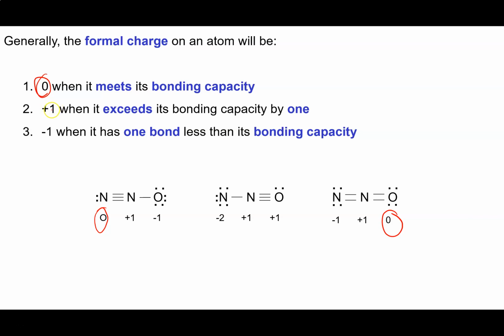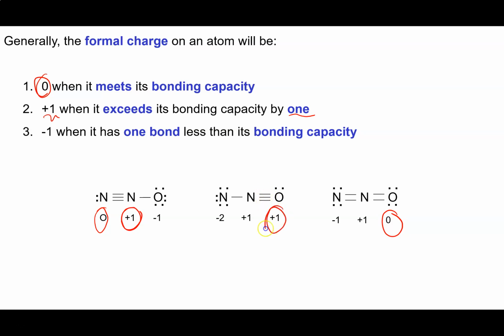Now, every time you go over the bonding capacity by 1, the formal charge goes up by 1. So you can see that here, this nitrogen atom in the middle has 4 bonds. It's gone over its bonding capacity by 1, and sure enough, it's plus 1. If you look at this oxygen atom here, oxygen likes to form 2 bonds, but this guy is forming 3.